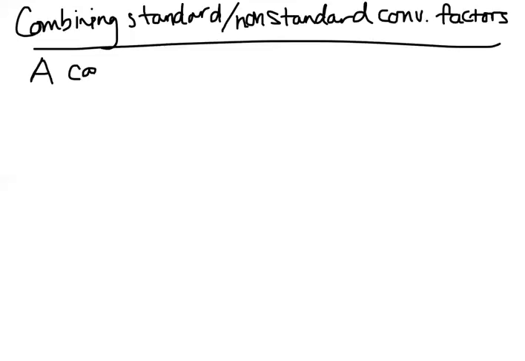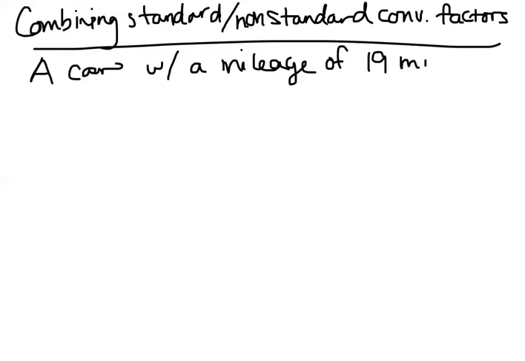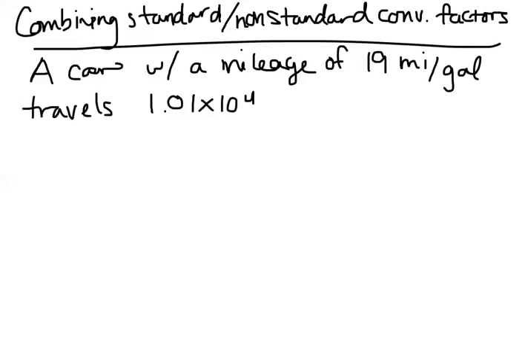A car with a mileage of 19 miles per gallon travels 1.01 times 10 to the 4th meters. How many liters of gas does it use?